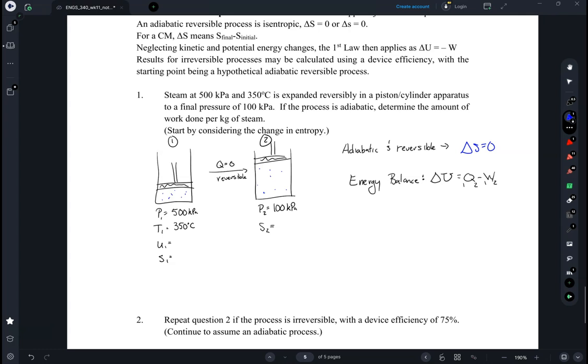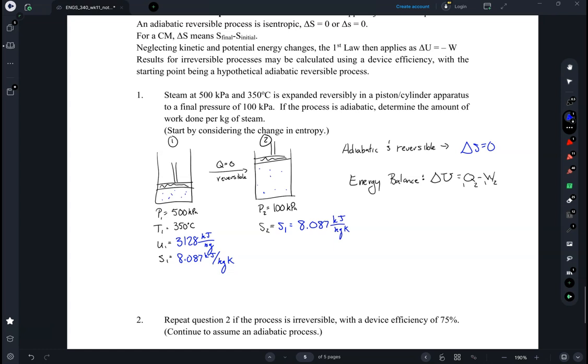We can look up that initial state. So this is an internal energy of 3128 kilojoules per kilogram. And we can look up the entropy, 8.087 kilojoules per kilogram Kelvin. Now, if delta S equals 0, then we know S2 is equal to S1. And we know what that is because we just looked it up, 8 kilojoules per kilogram Kelvin.